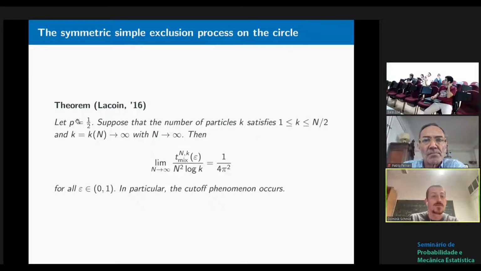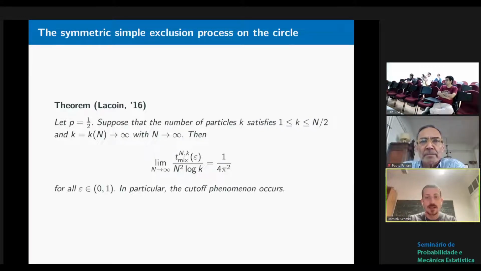So maybe first on the assumptions. Here we are in the case p is equal to 1/2. So the particles perform symmetric simple random walks on the circle. Now, this first condition here, k between 1 and n over 2, I claim that this is not really a restriction.